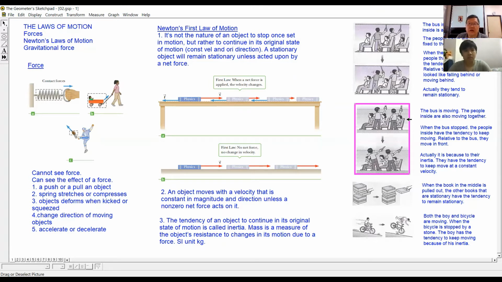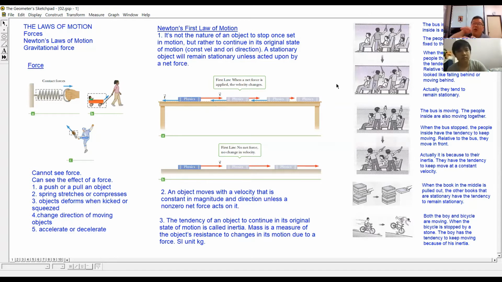So these are the two cases. Actually there are two types.